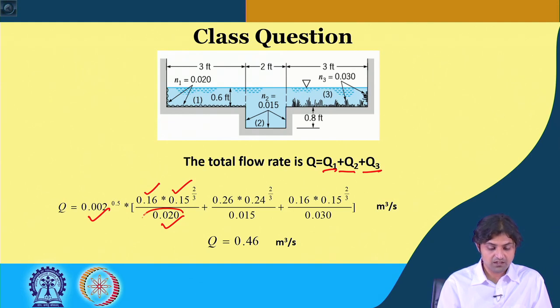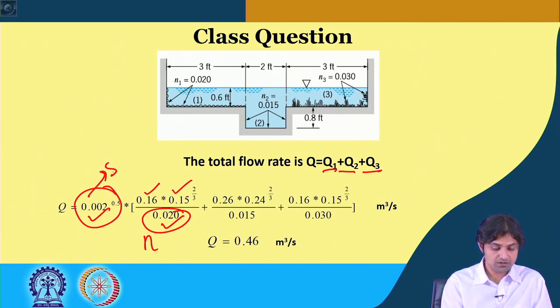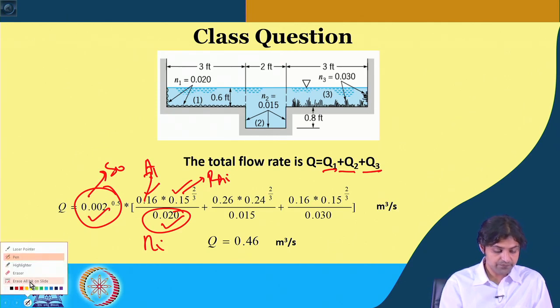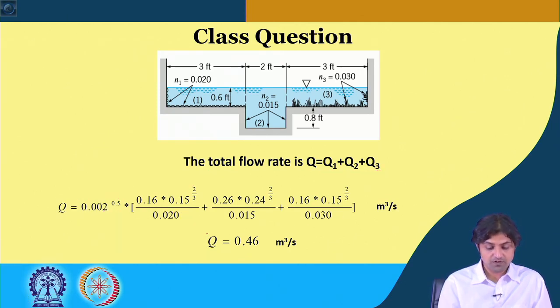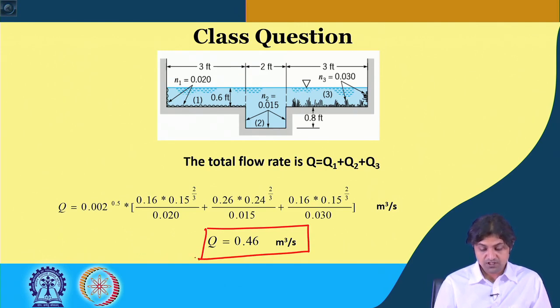So, this is Manning's N, which is different for different sections. This is S naught, these are areas Ai, Ni, and this is RHi. Okay, and you sum it, and you will find out that Q is equal to 0.46 meter cube per second.